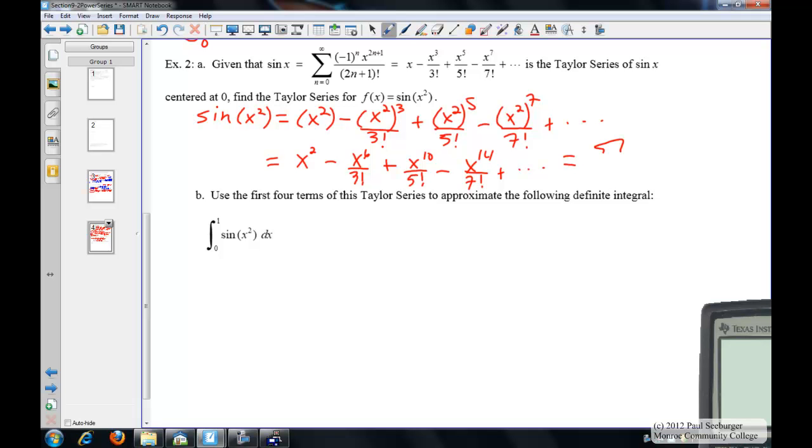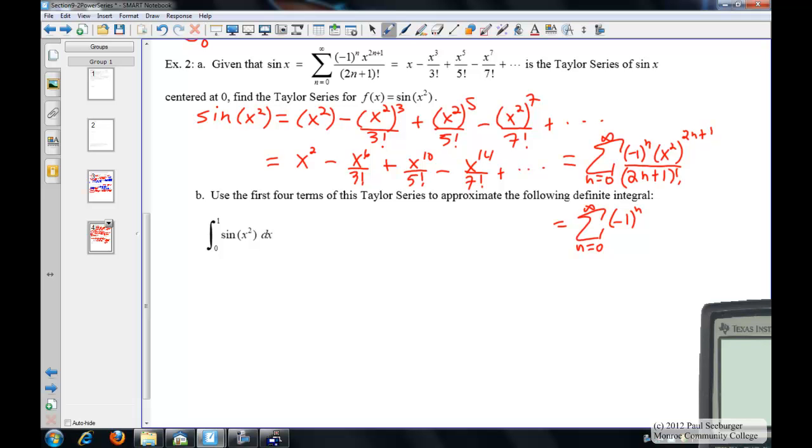Okay, plugging into the series, that's n equals 0 to infinity, negative 1 to the n, we now put x squared in there to the 2n plus 1 over 2n plus 1 factorial. When we simplify that, we get n equals 0 to infinity, negative 1 to the n staying the same.